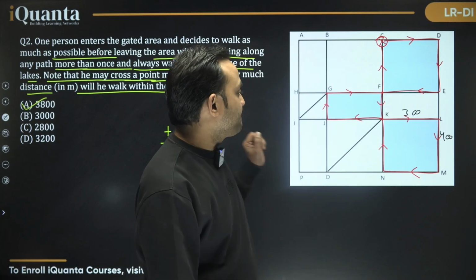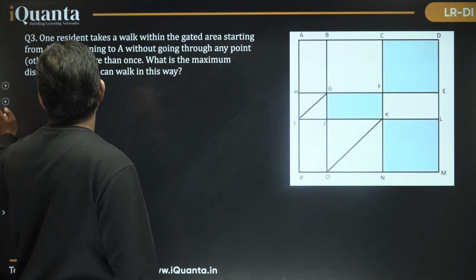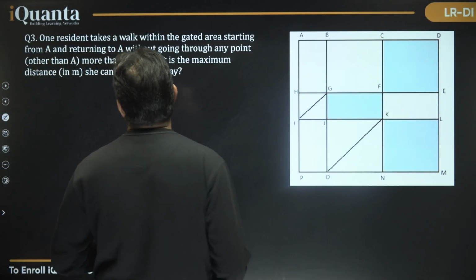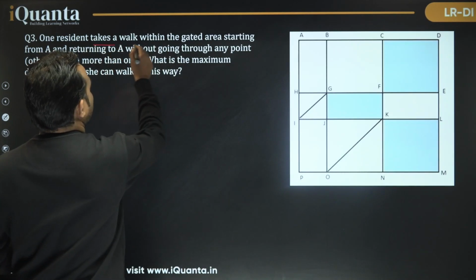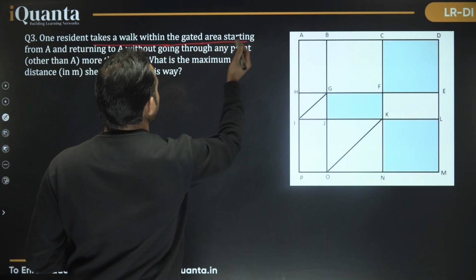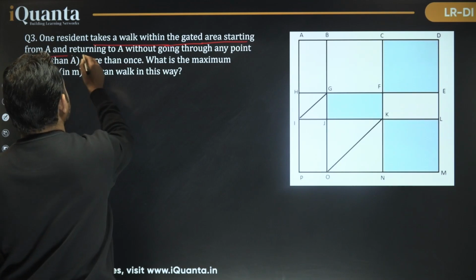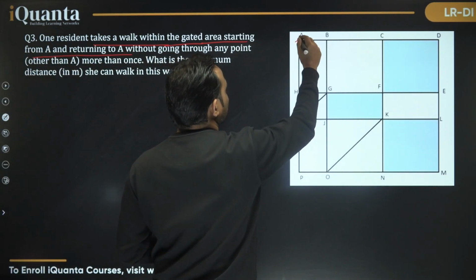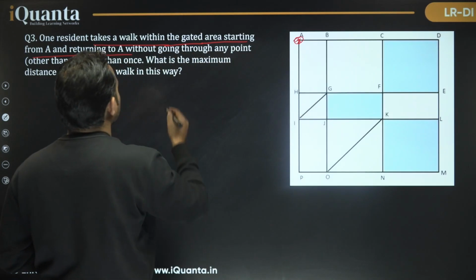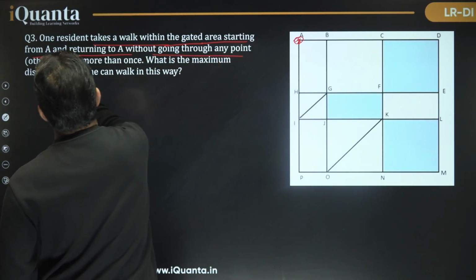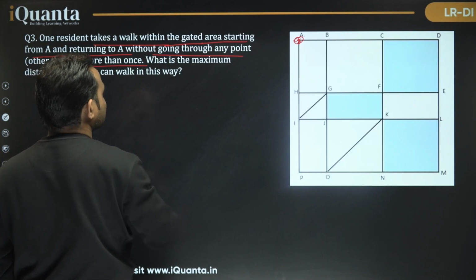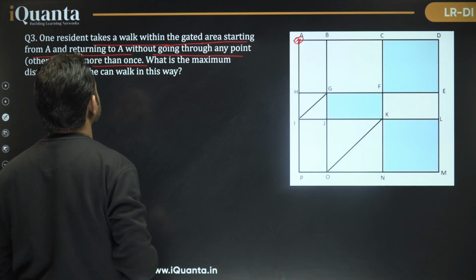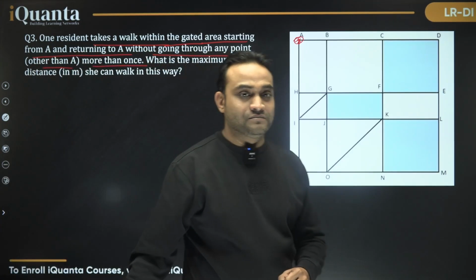Okay. Now, third question, it says one resident takes a walk within the gated area starting from A and returning to A without going through any point other than A more than once. What is the maximum distance she can walk in this way?